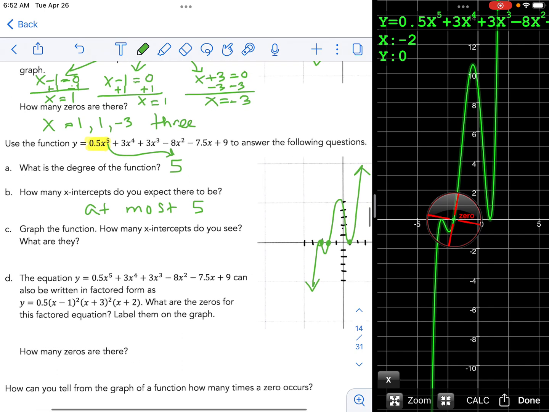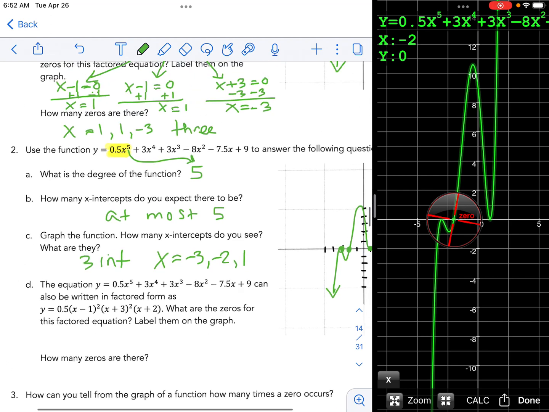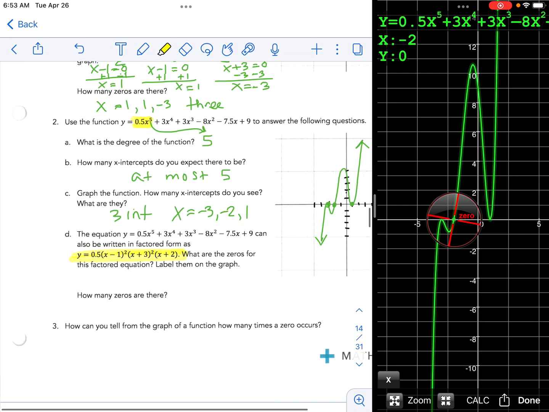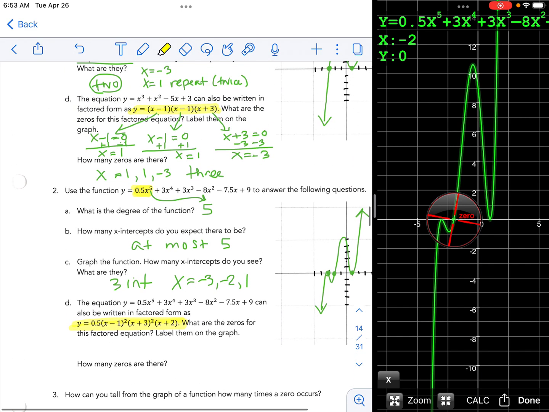And so we physically see 3 intercepts, right? They are -3, -2, and +1. But notice the factored form now. So in part D, I've got the factored form. It's written a little bit differently. Instead of listing out every factor, because I should have 5 factors, I should have some repeated, like I did here, right?